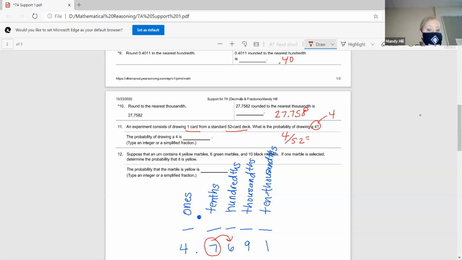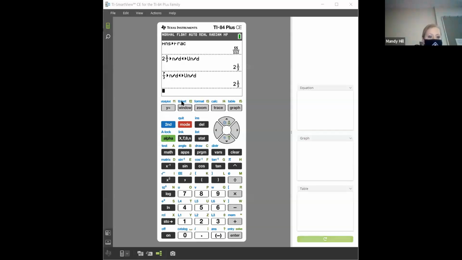Now they want us to simplify that fraction. Now we can go to our calculator and reduce it just like we did a while ago, or we can recognize the fact that we could divide out.